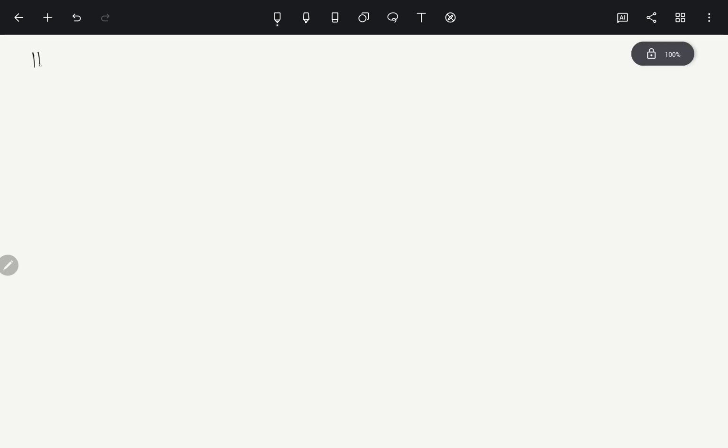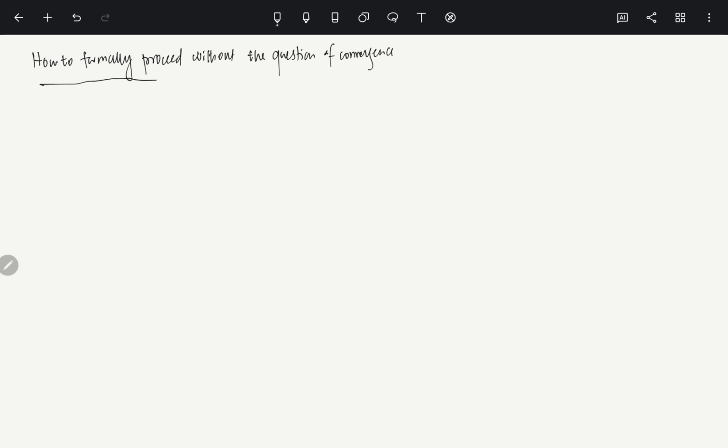So how to formally proceed without the question of convergence? What does it mean? In the earlier case, when we were in Rn, it was a finite number of points.